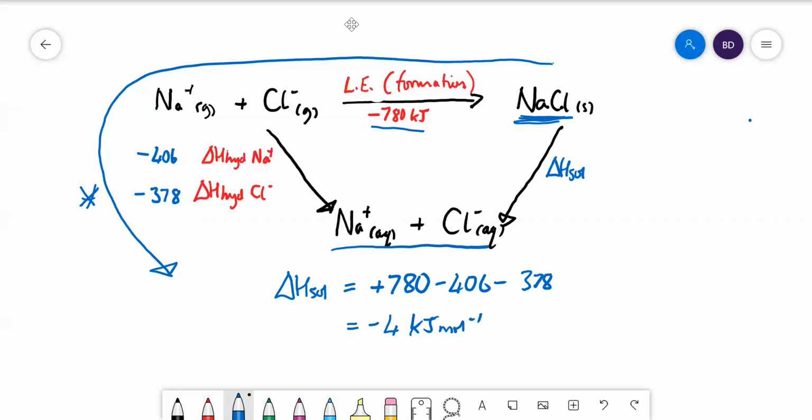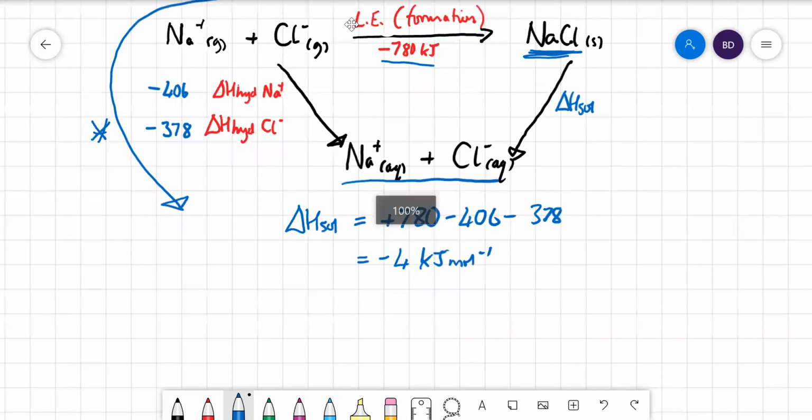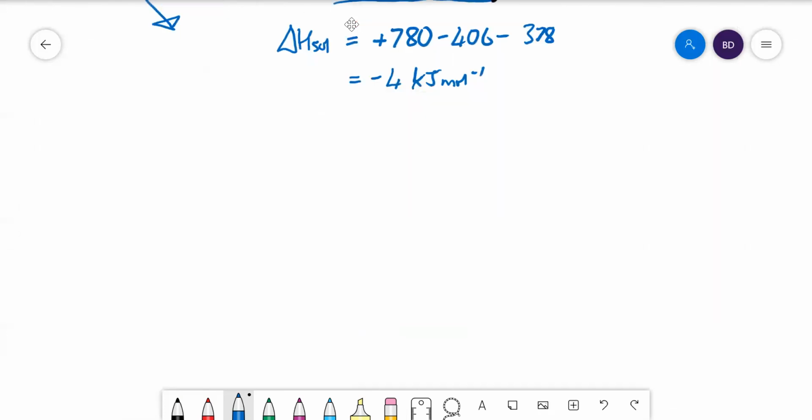So we're going to use this energy cycle to calculate our lattice enthalpy each time. Let's summarize that energy cycle. Let's call it XY.